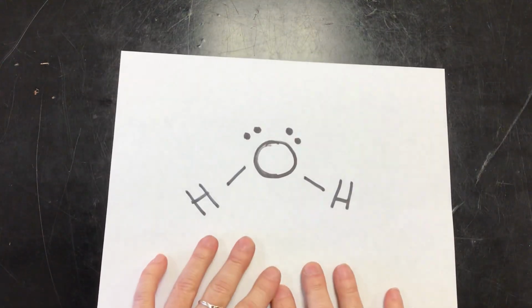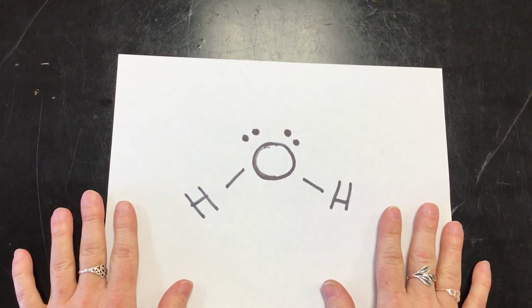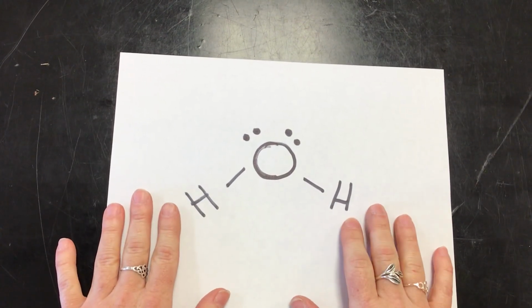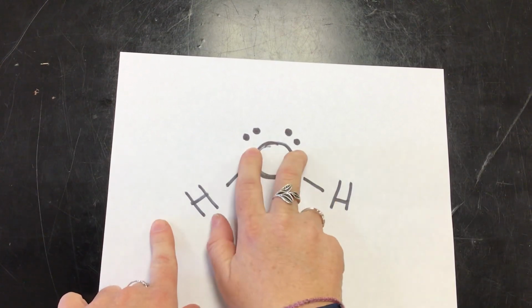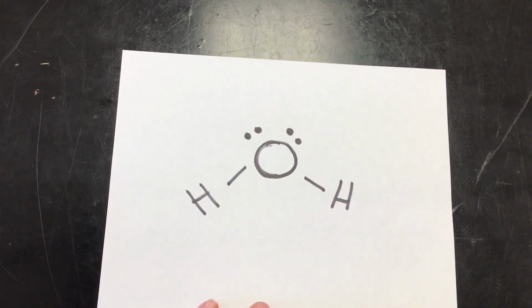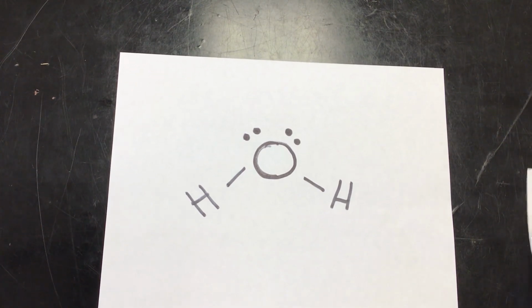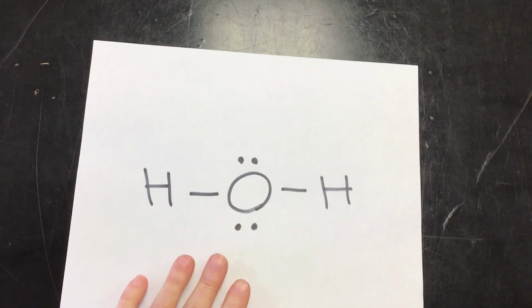The first one we're going to look at is water. Here's the Lewis dot structure for water. Now, its shape is very, very important here because if we don't draw these unshared pairs on the same side of the oxygen, it appears as if water is linear.